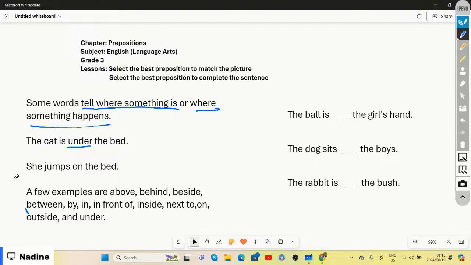So it's basically just on, right? Just on, because on is our preposition.